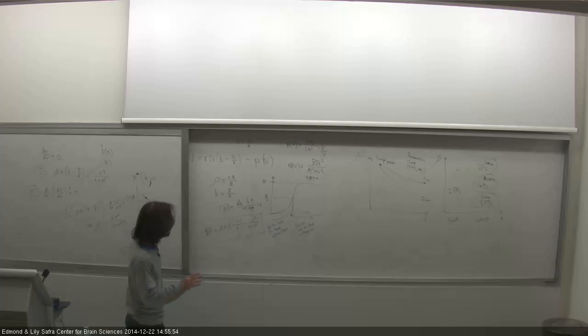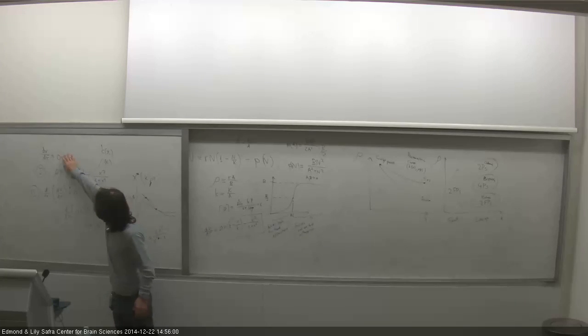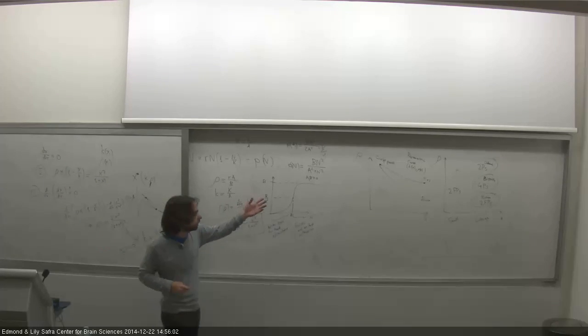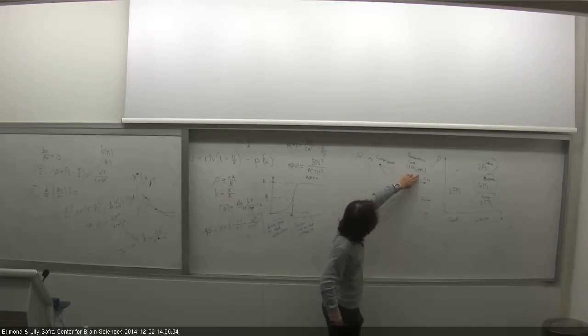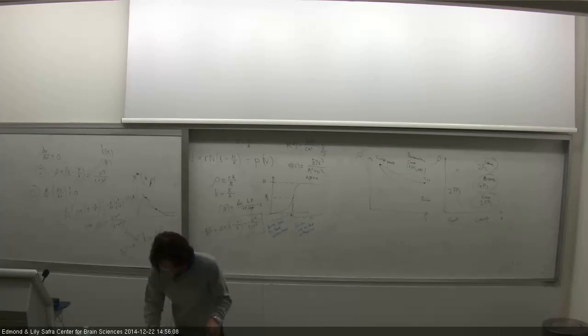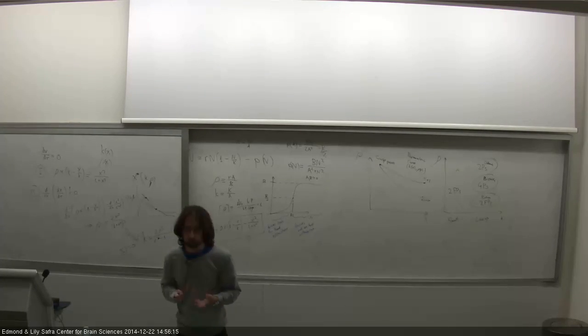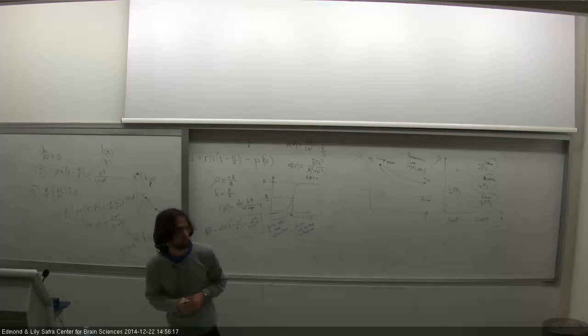But this is something that you should know, the method: setting this condition and getting the parametric relations. Okay. If there are problems and questions, you can write me an email, and I'll try to explain.